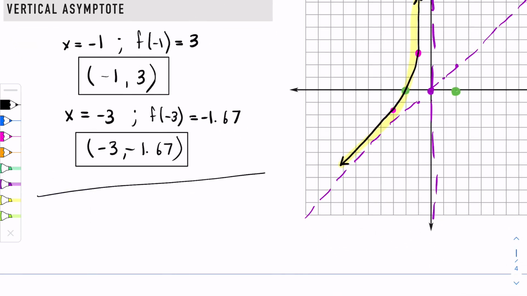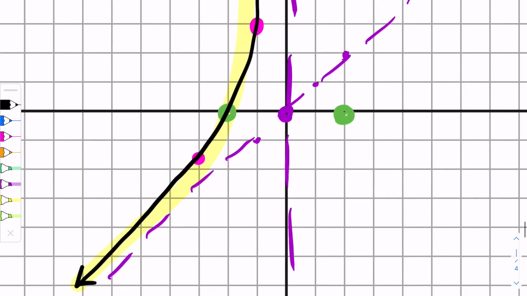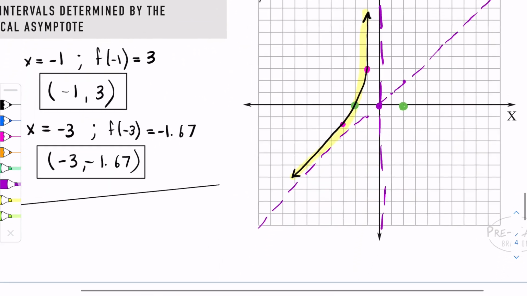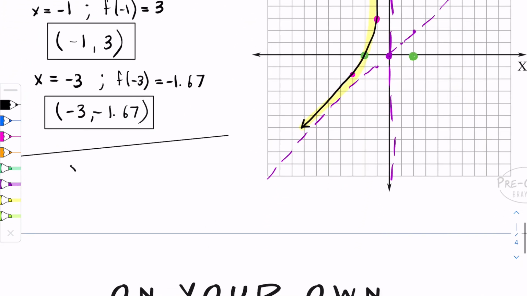So next I need to test points somewhere in this area, so either +1, 3, or 4. I'm going to show you when x is equal to 1 and you substitute that into the original function, your output is -3. That gives you an ordered pair at (1, -3). And I also tested when x is equal to 3.